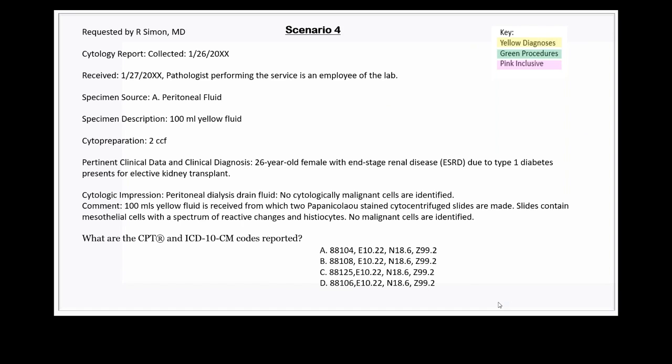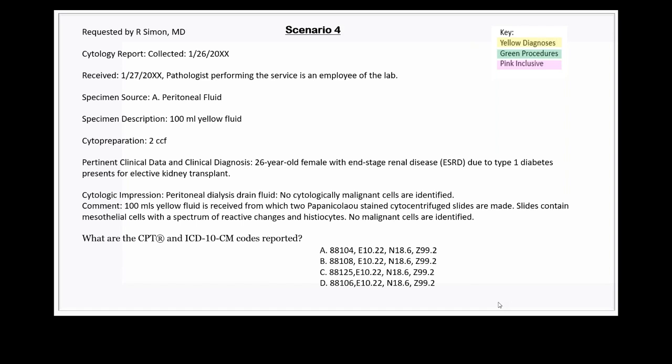Requested by Dr. Simon, MD. Cytology report collected 1/26/2024. Received 1/27/2024. Pathologist performing the service is an employee of the lab. Specimen source A, peritoneal fluid. Specimen description 100 milliliters of yellow fluid.